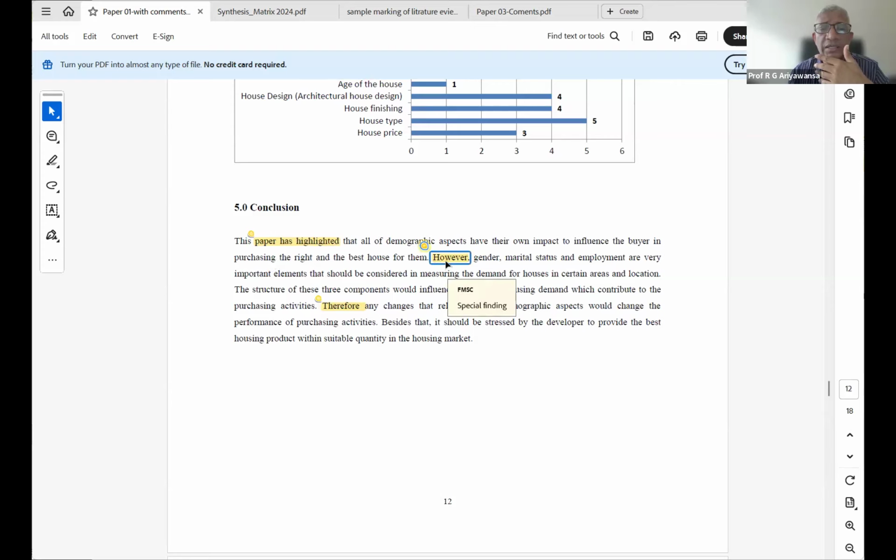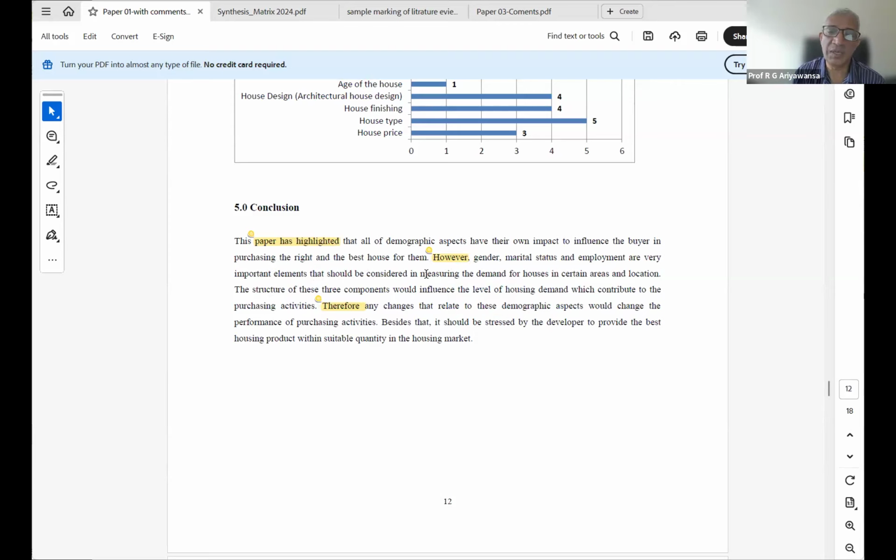However, specific findings. However, gender, marital status, employment are very important elements. Likewise, the specific findings. Suppose you have a similar or somewhat similar research.